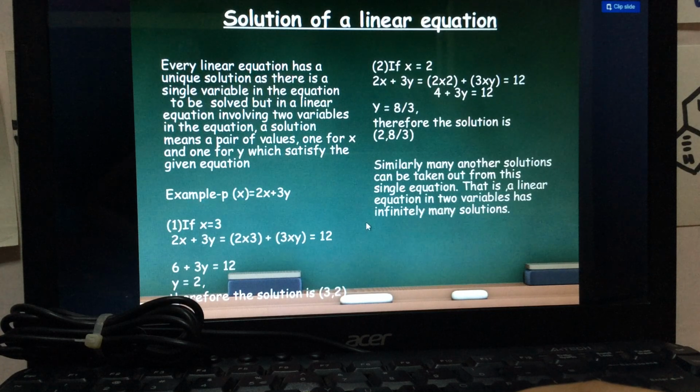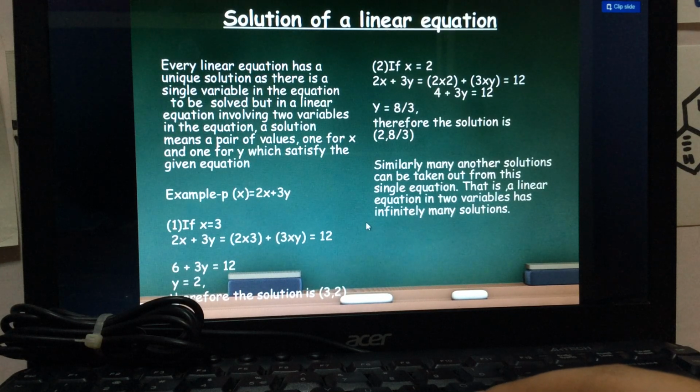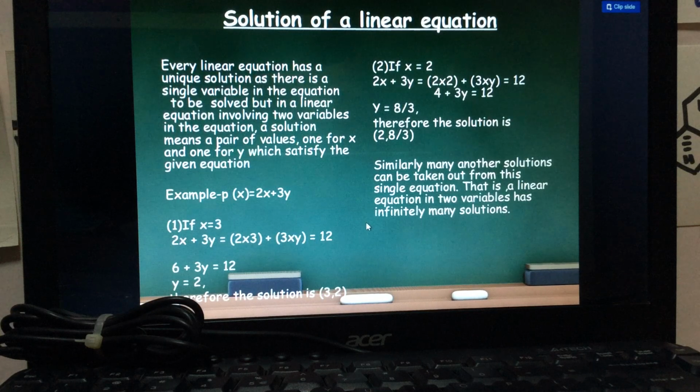Next, if x is equal to 2, 2x plus 3y equals 2 times 2 plus 3y. So 4 plus 3y is equal to 12. So y is equal to 8 over 3. Therefore, a solution is (2, 8/3).